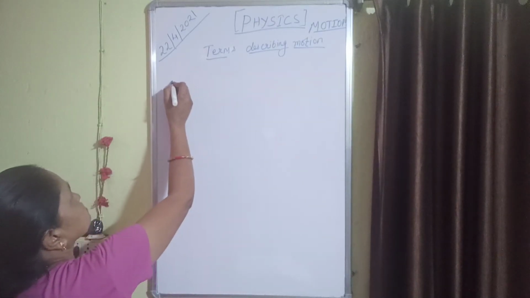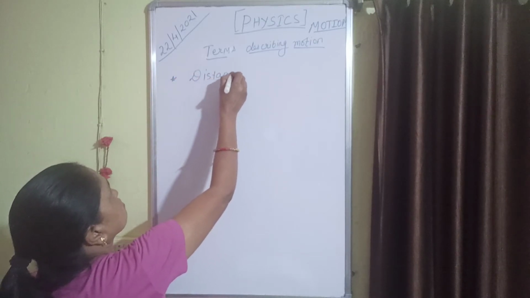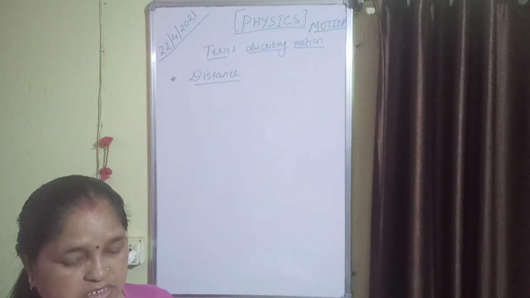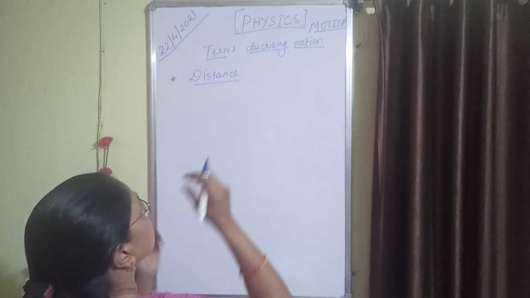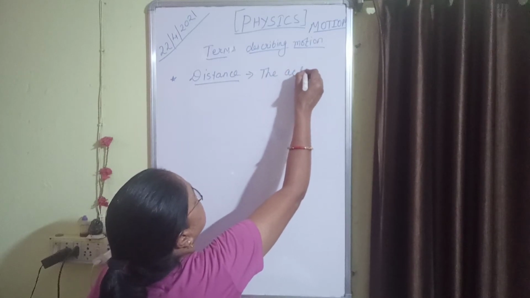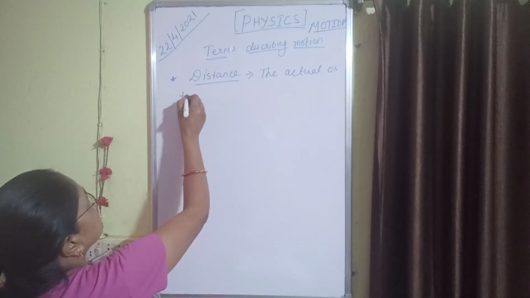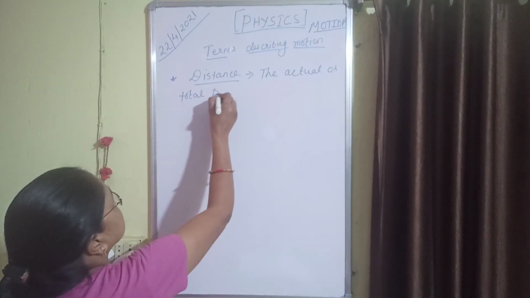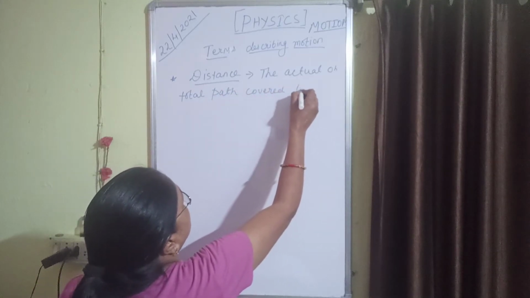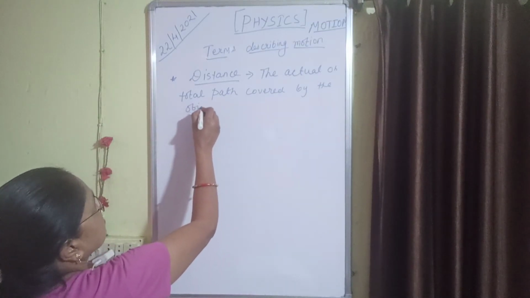First term is distance. What is distance? Distance is the actual path or total path covered by the object or body.